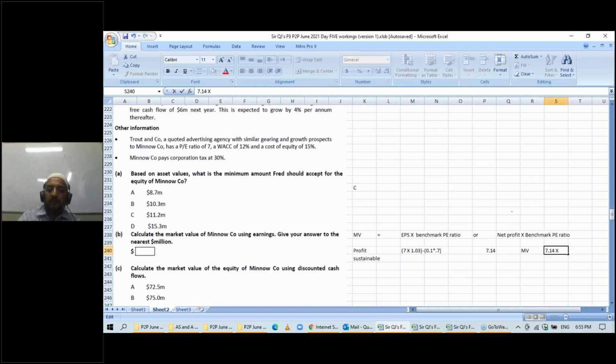So 7.14 into 7 gives you the market price, which is 49.98, or approximately 50 million. To the nearest million, it is 50 million.